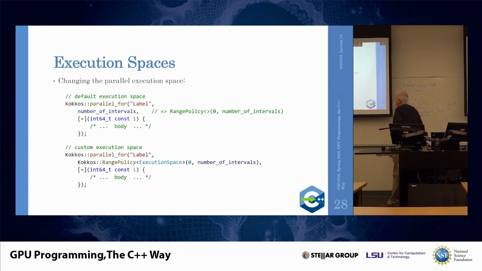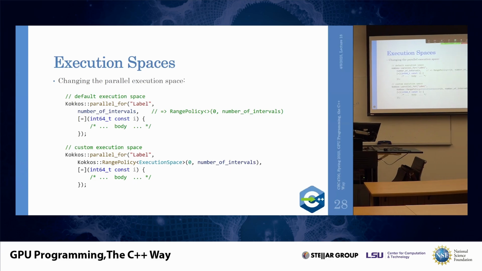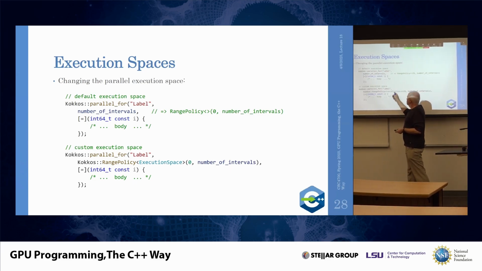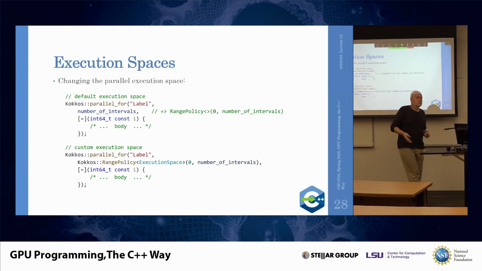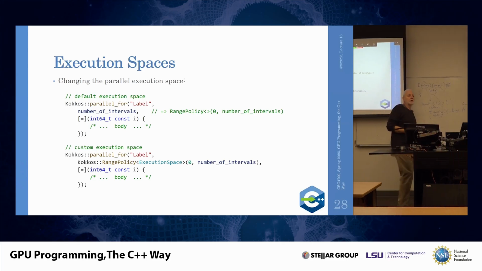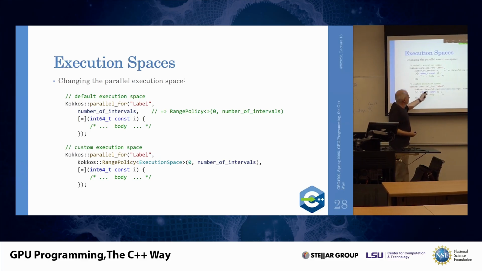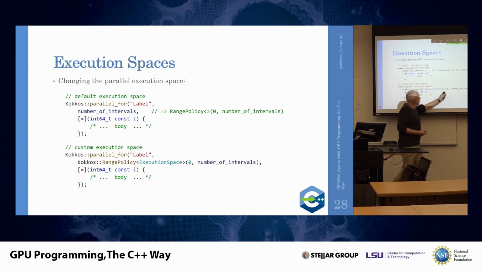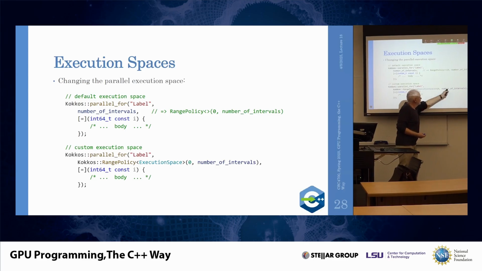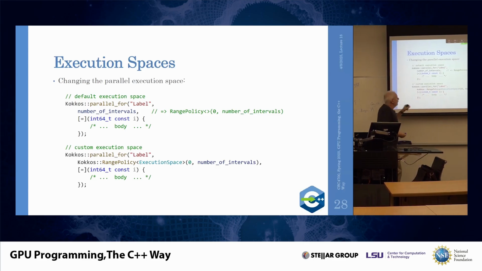But if you want to specify an execution space, we can do it this way. We have some execution space that might refer to the GPU, for instance, or to a particular NUMA domain, or whatever you have. Then you can run your parallel_for by saying, please run it over the index range from 0 to the number of iterations, but run it wherever that execution space points to.